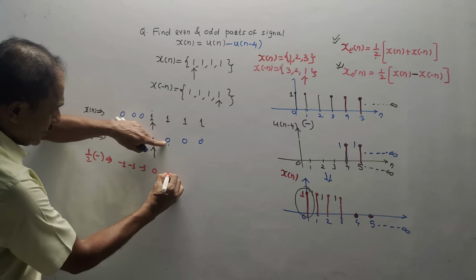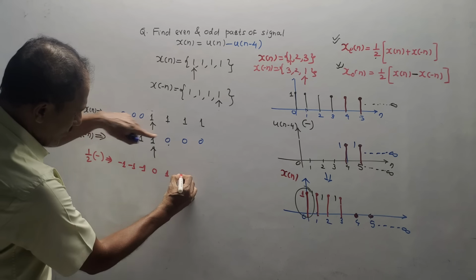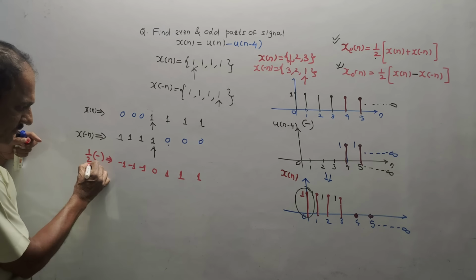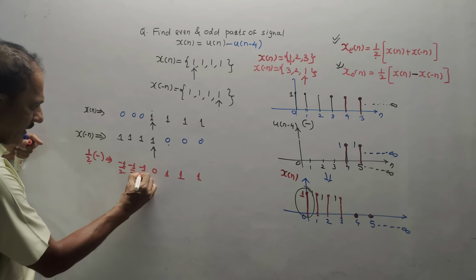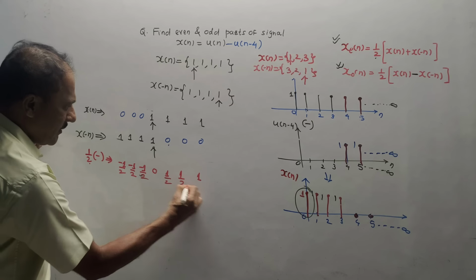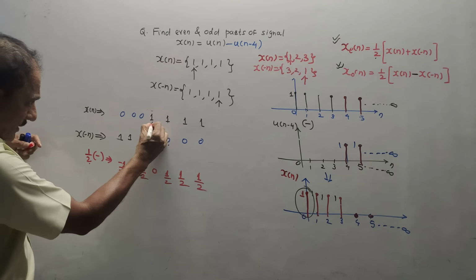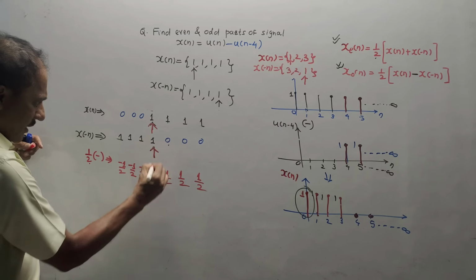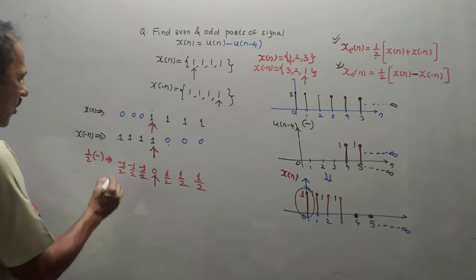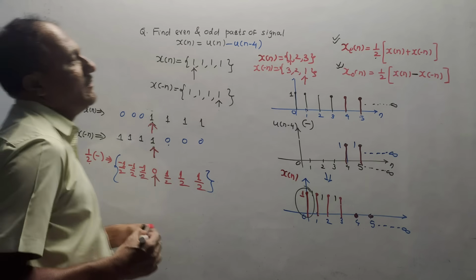Then 1 minus 0, 1. 1 minus 0, 1. And this 1 minus 0, 1. After that, it is 1/2, so divide every amplitude by 2. 0 by 2 is 0 itself. So it is 1/2, 1/2, 1/2. By default, maintain this arrow. Arrow will be at this position. So this is the answer of the odd part of the given signal.